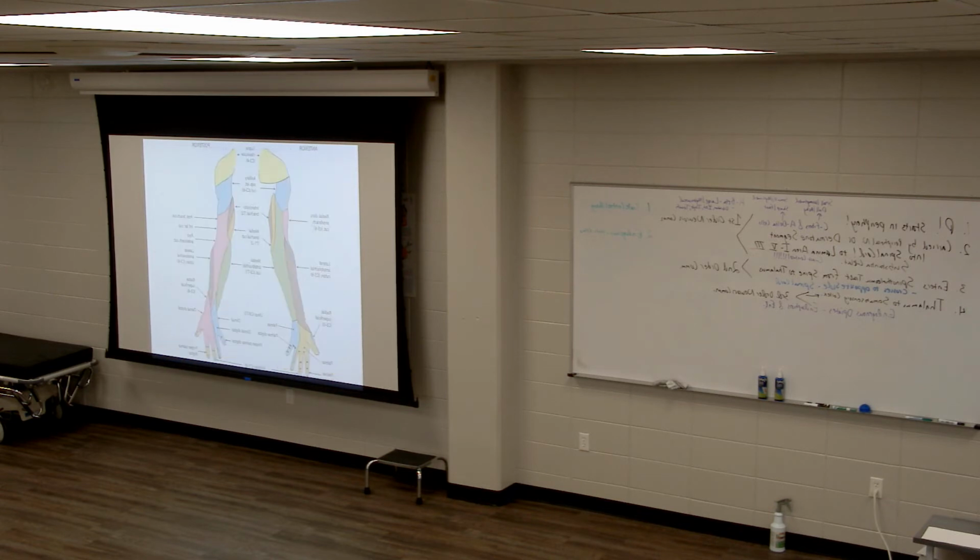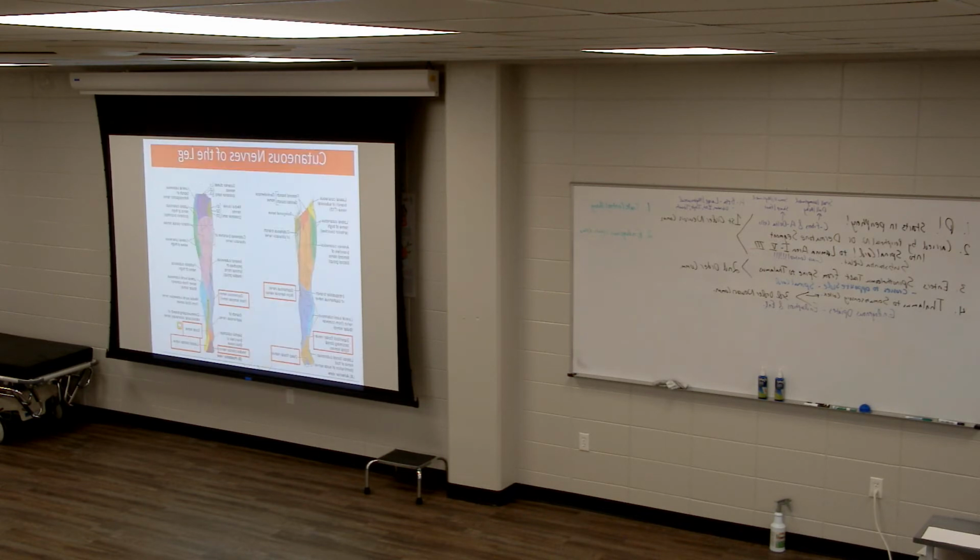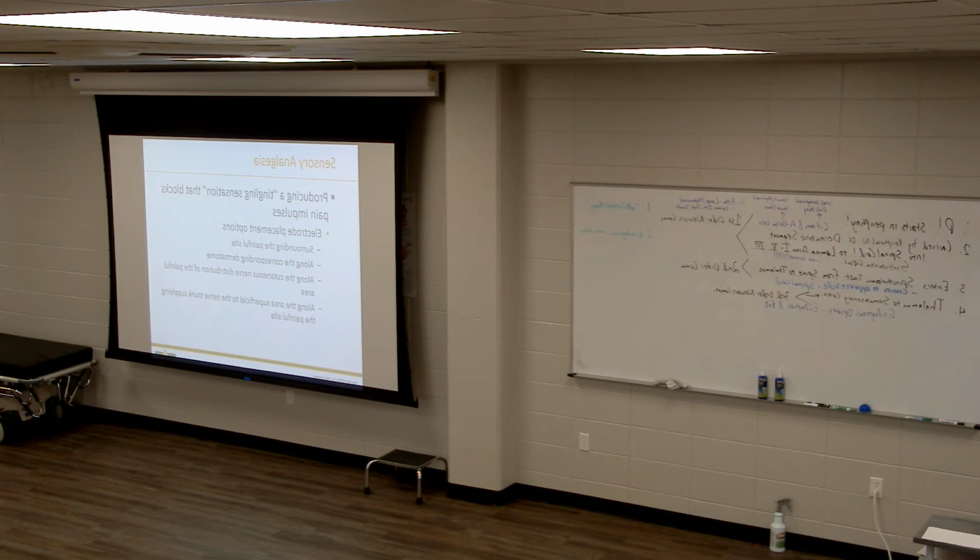When I'm doing sensory analgesia, I need to produce the tingling sensation that's going to block the impulses, so I need to stimulate A beta. So my goal is to stimulate A beta when I am trying to do sensory analgesia.